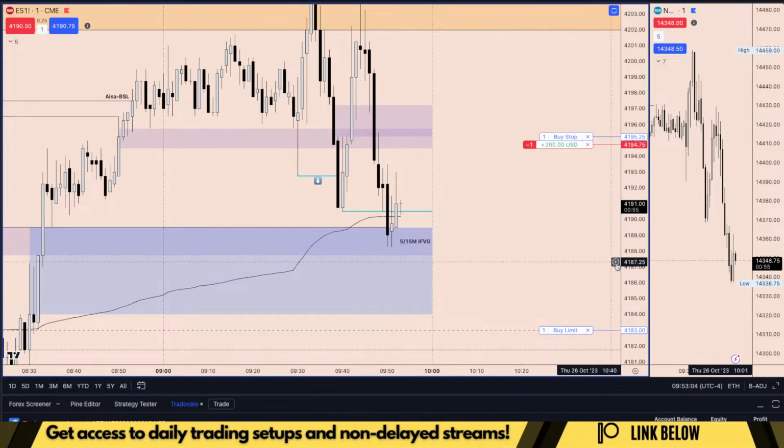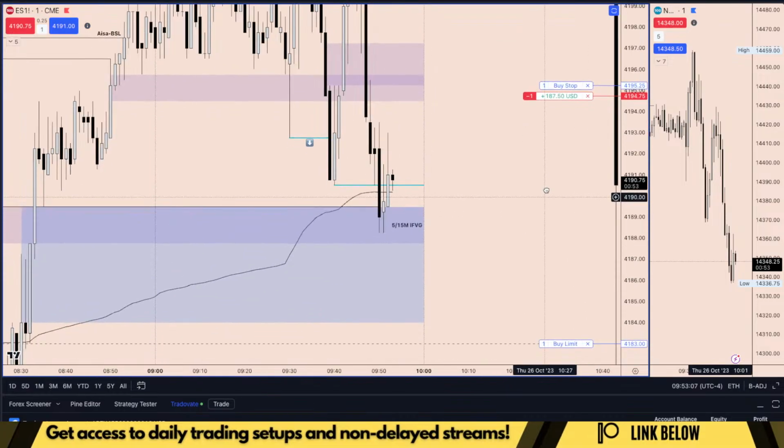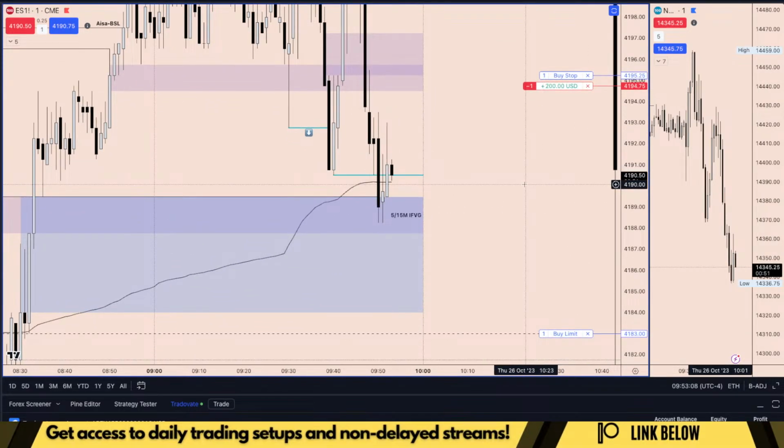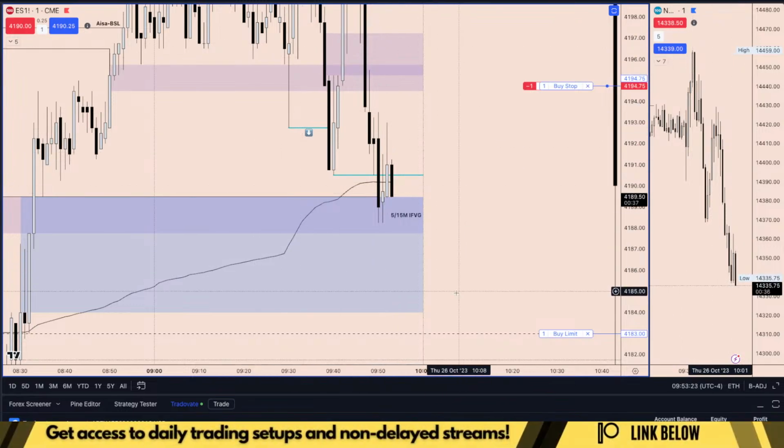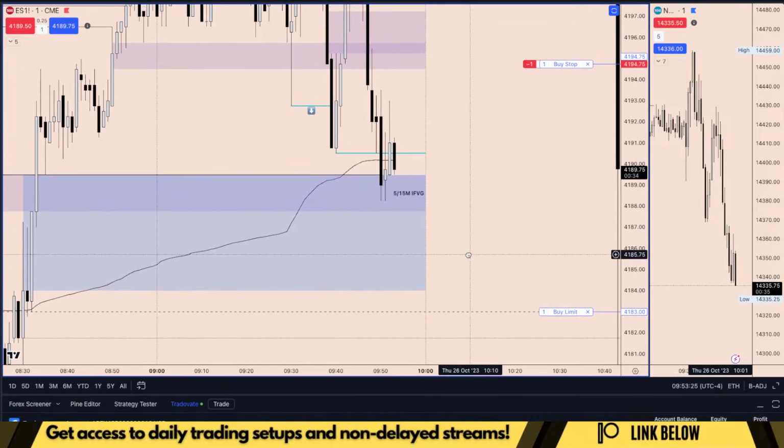Back above the VWAP. Stop loss is back at break even, so nothing is at risk here. No reason to stress or worry. We have our take profit target for now at the New York midnight level.